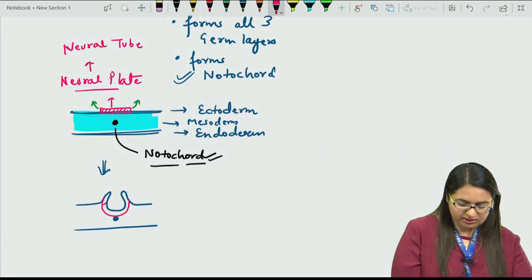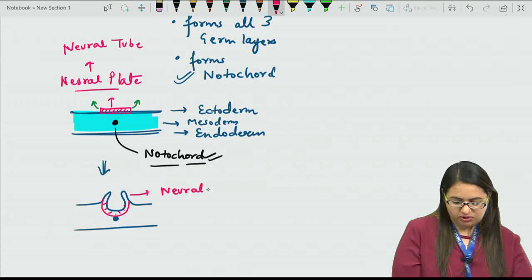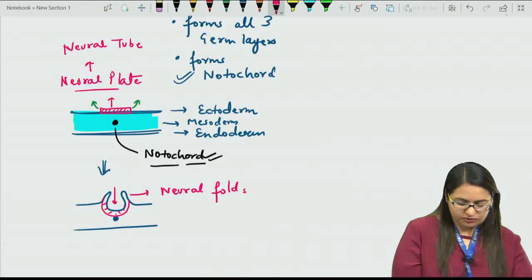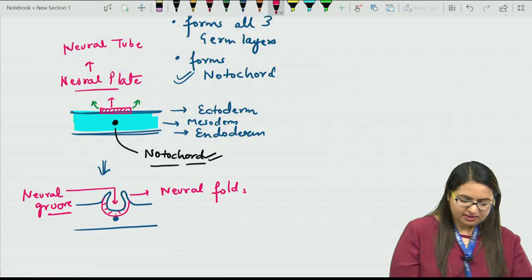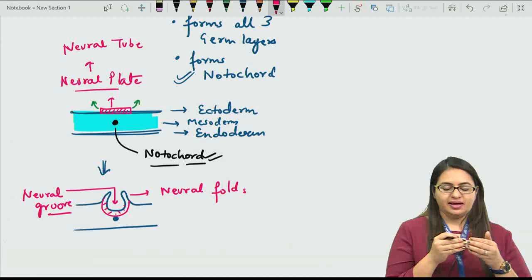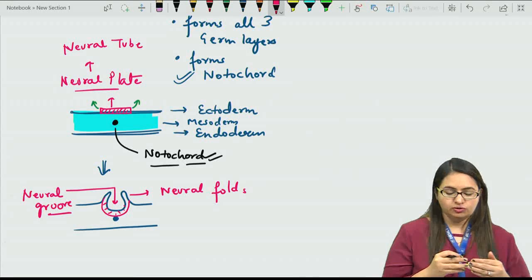This is the neural plate, and now we use the term neural folds, and this depression which is created is the neural groove. Then these neural folds approximate, and they lead to the formation of the neural tube.